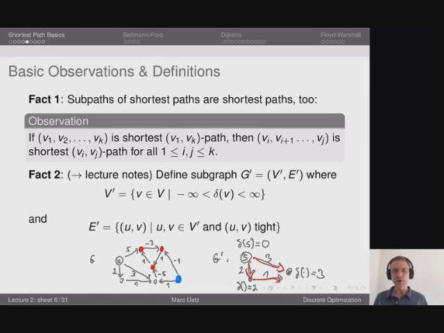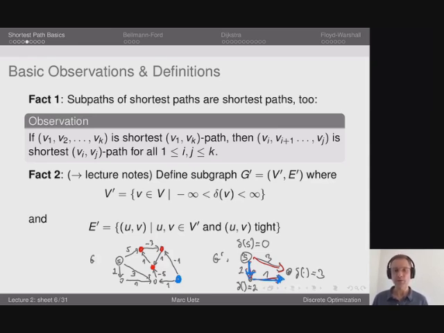And once we have computed these delta values, the shortest path lengths, we can compute the subgraph G prime. And once we have done that, we could, for instance, compute a spanning tree in this graph, which would be, for instance, this one, and thus obtain a shortest path tree. So given the shortest path lengths, we can very easily reconstruct also the shortest paths themselves.